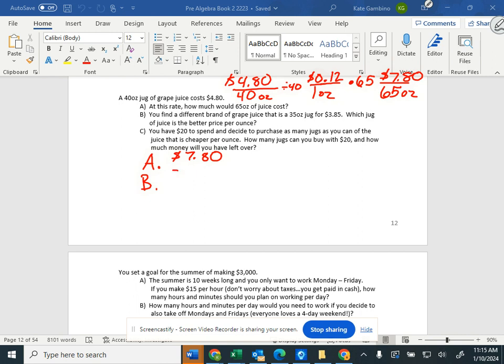We know it's $3.85 for 35 ounces. We need to go down to 1 ounce, so divide by 35. $3.85 divided by 35 gets us 11 cents. So is that the answer to my question? No. What was the Times question?